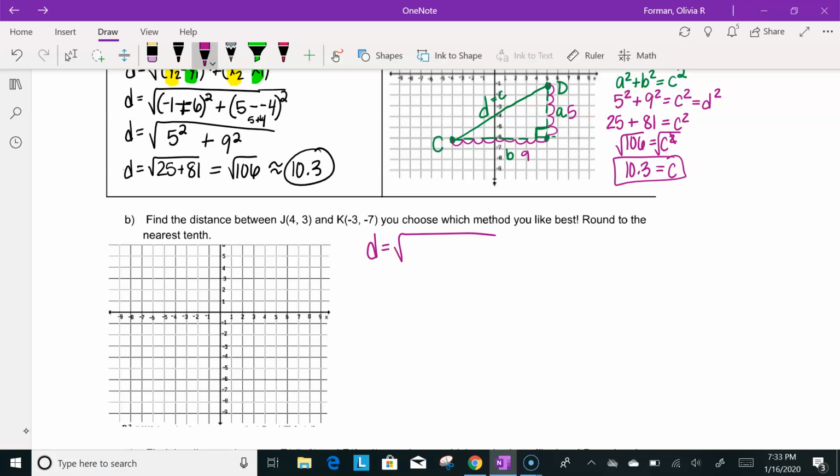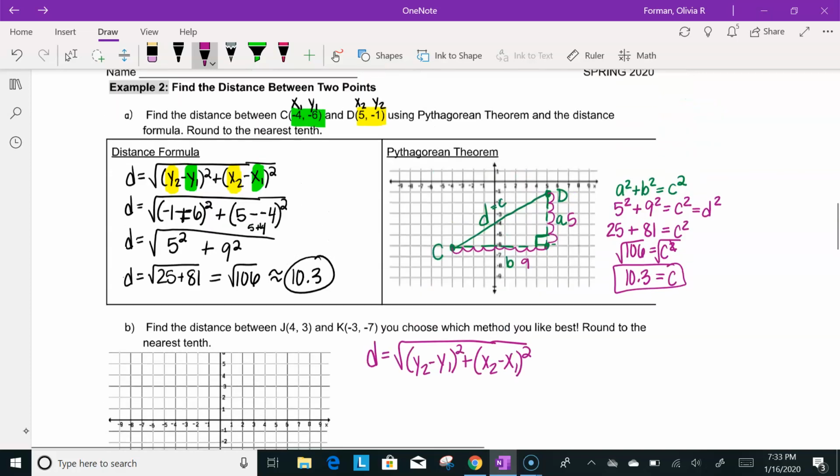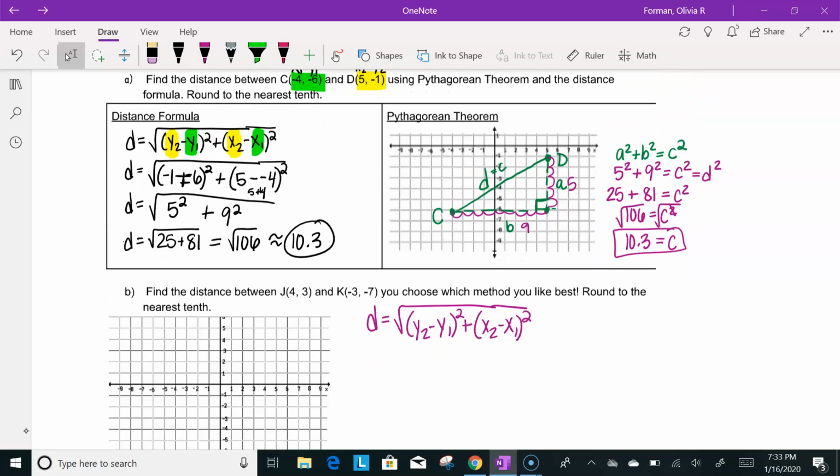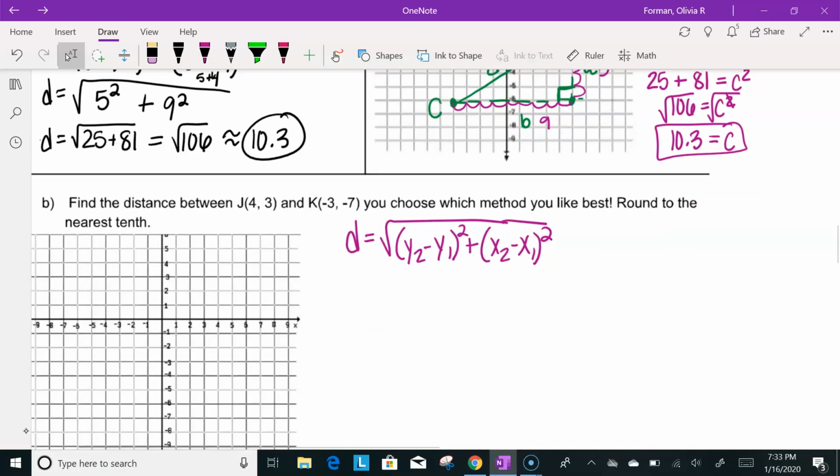So again, I'm saying the square root of y2 minus y1 squared plus x2 minus x1 squared, just like that. Okay. And if I call this x1, y1, x2, y2 from those two ordered pairs that were given, I'm going to substitute that in. So my y2 value is negative 7.